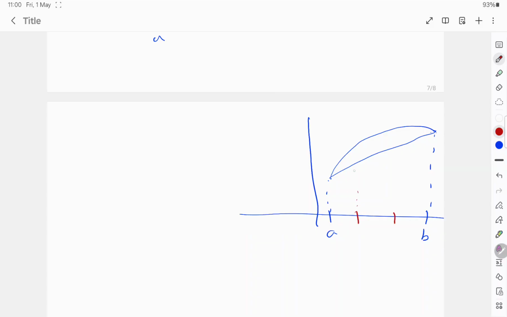Okay, so this will be like this one. Here also you are considering one trapezoidal, this one, and this one. So you see, whenever you are using the normal trapezoidal, then the blue one is the area, right?